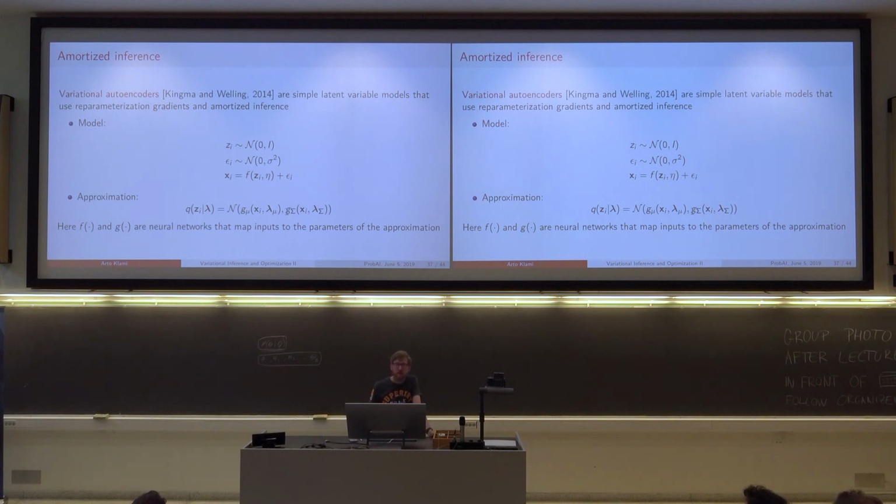It is trained with the standard reparameterization gradients. This is actually one of the first papers that presents the reparameterization gradients as well. Not the very first, but one of the first ones. It's just presented in this somewhat weird context of variational autoencoders.